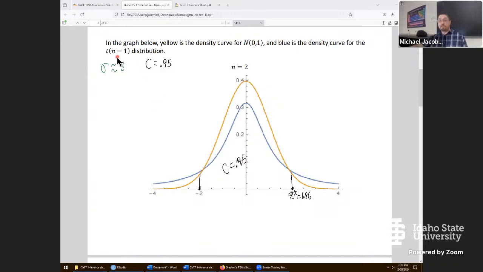If you're on the t n-1 distribution and you're still trying to trap central area of 95%, then you're on this blue curve and you have to move out substantially farther to the left. Say around here, I don't know the exact location, this is just visually estimated. And you'd have to move symmetrically the same distance to the right, so somewhere right over here. And this would be the value for t star at the same amount of confidence.